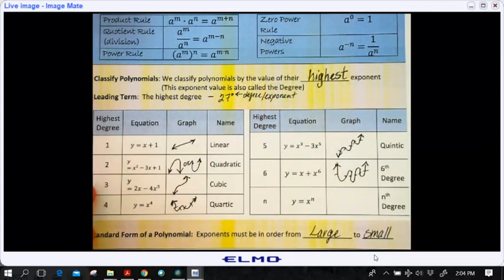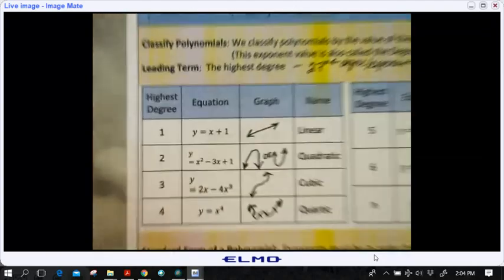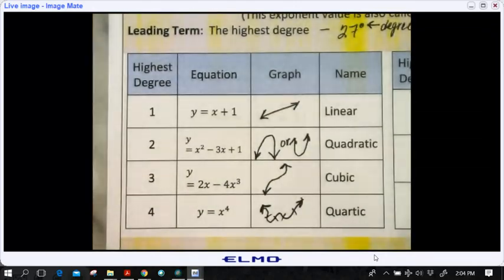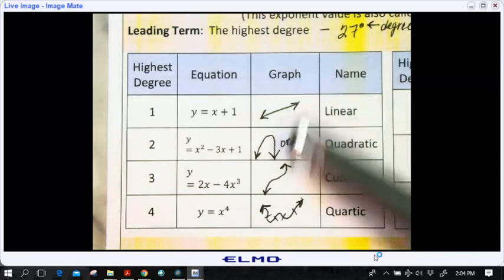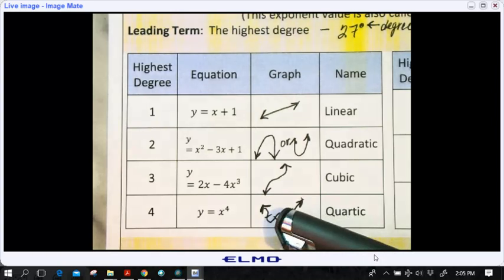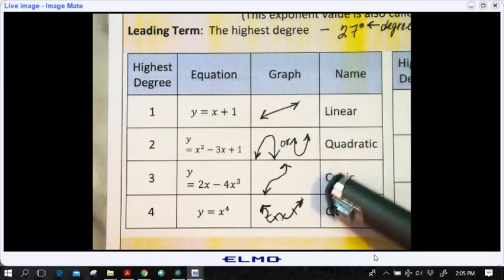Okay, so the leading term is going to be our degree. So let me zoom in on these. And I went ahead and I gave you an example of the highest degree in each polynomial, what it would look like visually if we were to graph it, and then the name of that based on the degree.